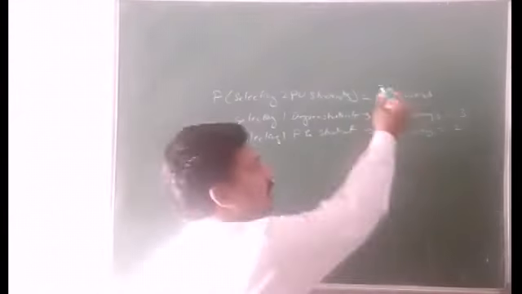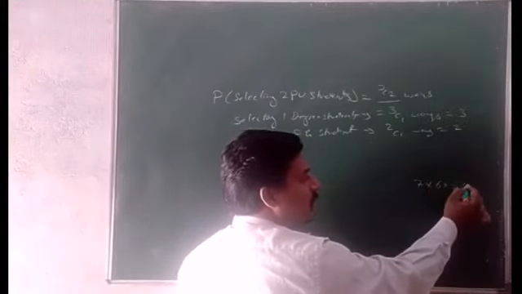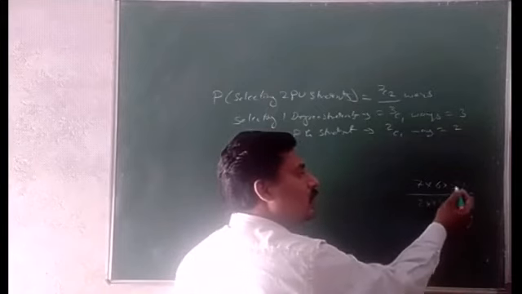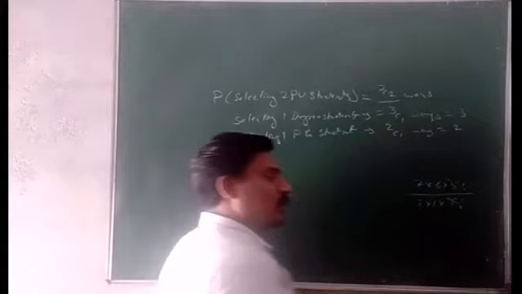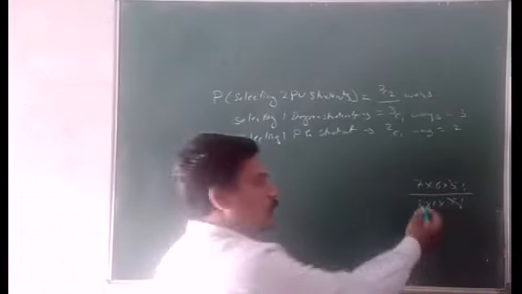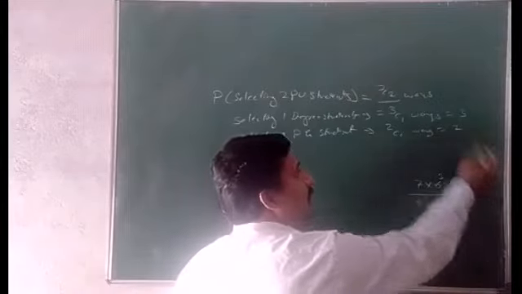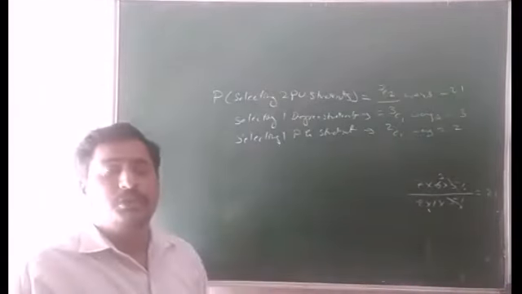So 7C2, 7 into 6 into 5 factorial divided by 2 into 1 into 7 minus 2 is 5 factorial. So 5 factorial gets cancelled here. 2 ones are 2, 3 twos are 6, 7 3s are 21. That is, in 21 ways we can select PU students.